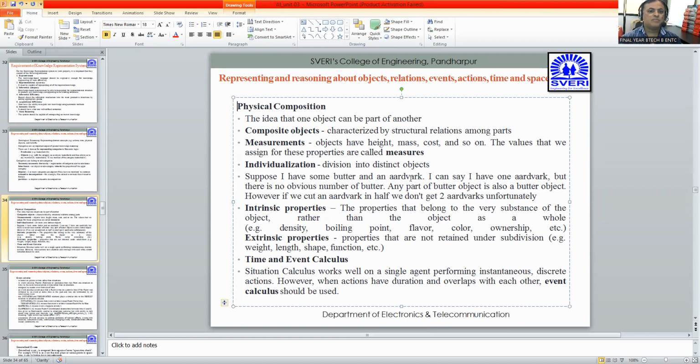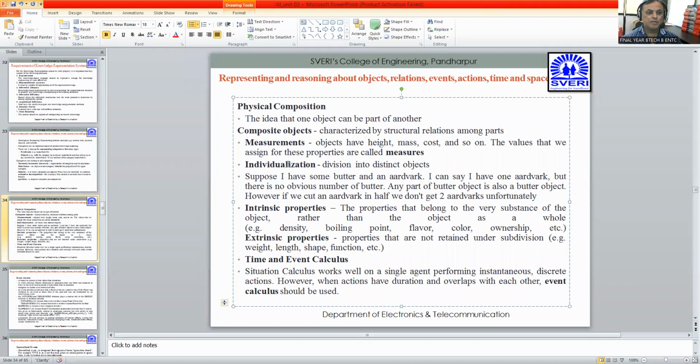So that is called the physical composition. The second one is composite objects, characterized by structural relationships amongst the parts. So a composite object is made of parts where the structural relationships between the parts are defined, and the characteristics of that thing are what make up the composite object.